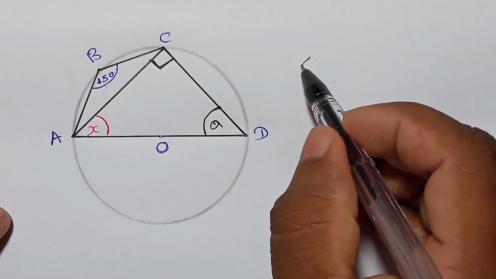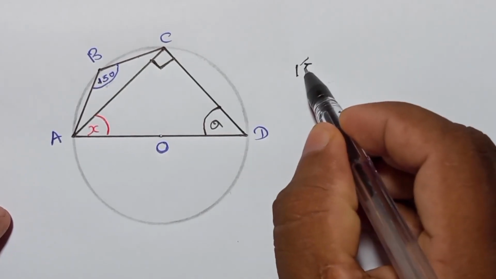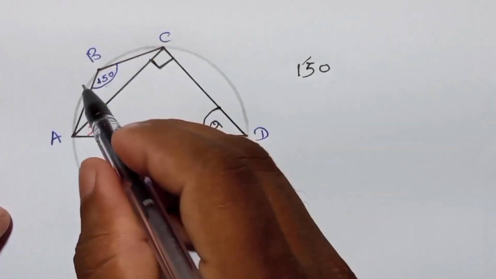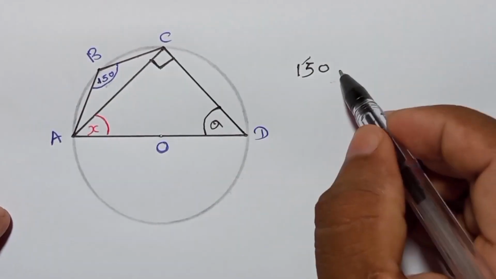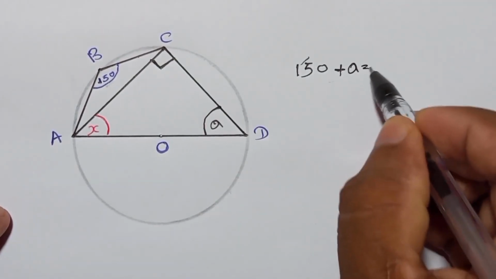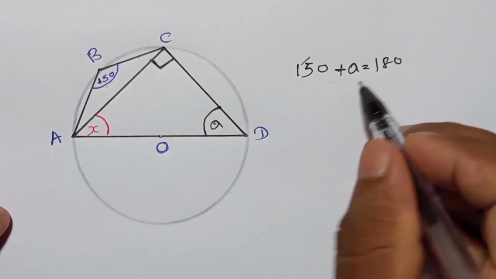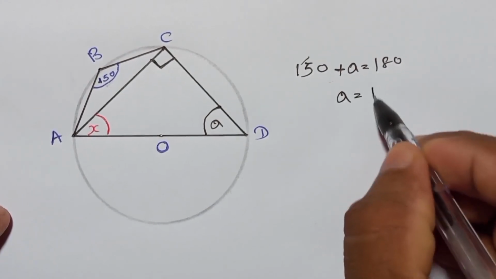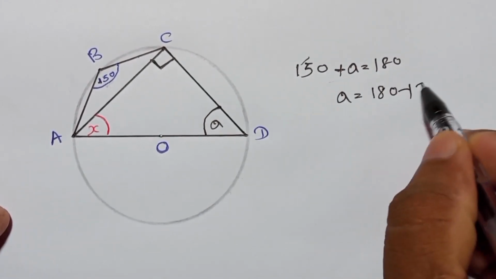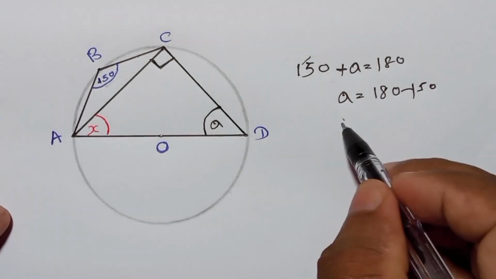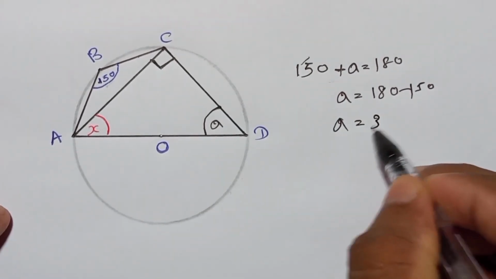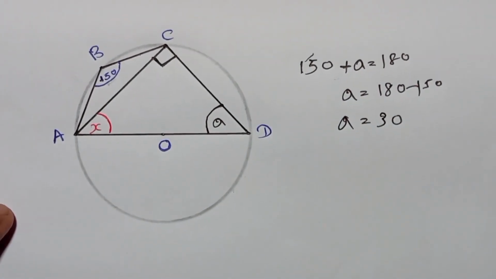So this angle 150 plus A will be equal to 180. So here A will be how much? 180 subtract 150, right? So A will be 30. That's the idea. Try to understand.